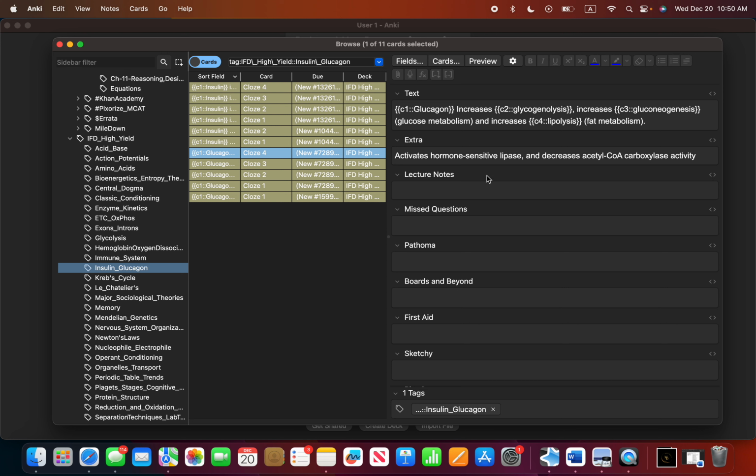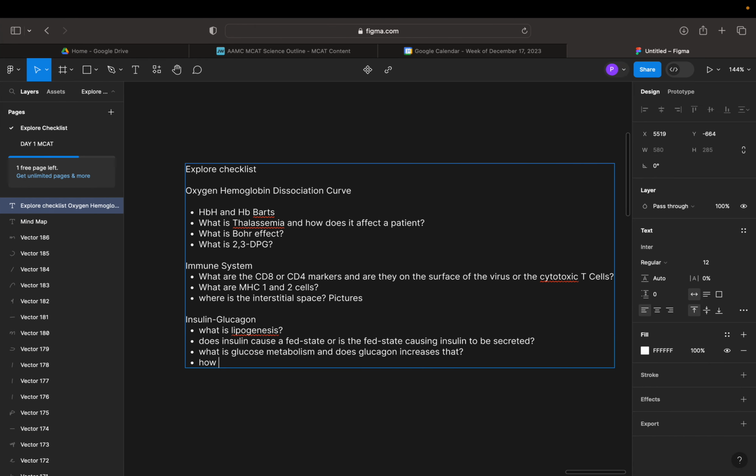And it also increases lipolysis, so fat metabolism. How can I understand this relationship better? Glucagon increasing, is it breaking down fat or making fat?